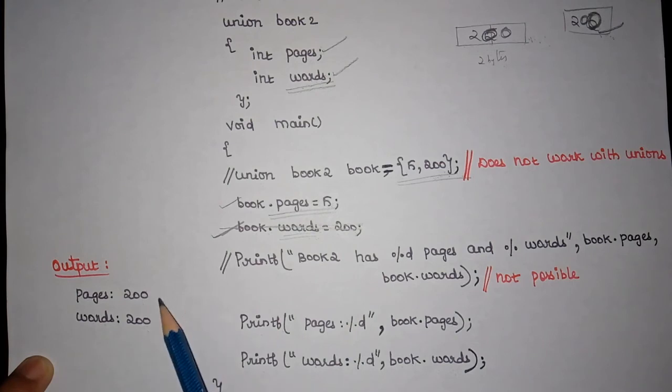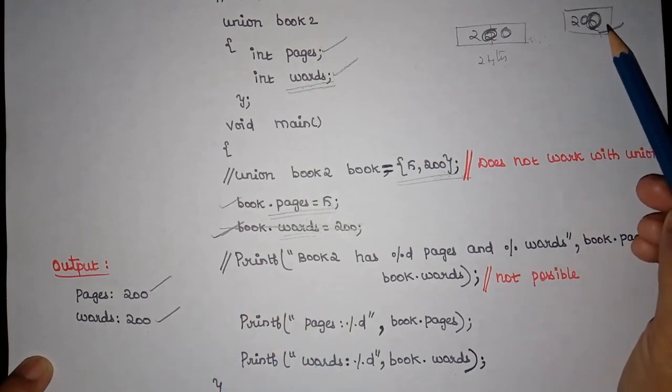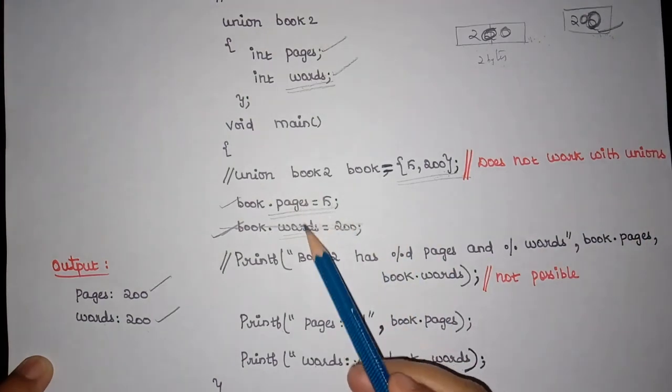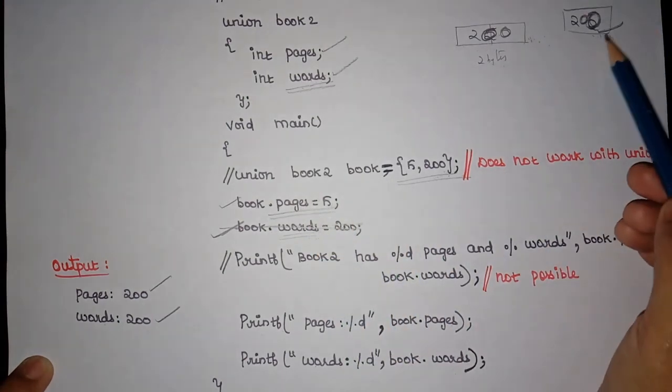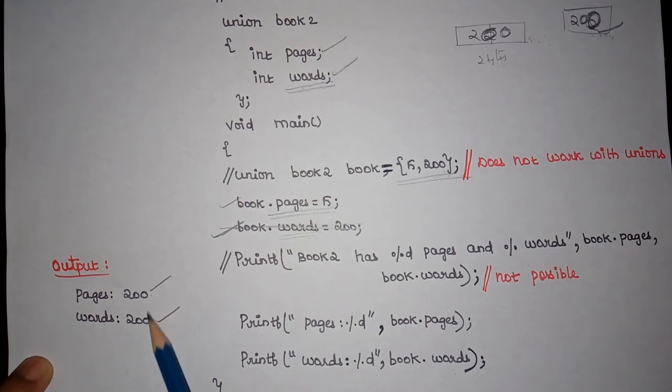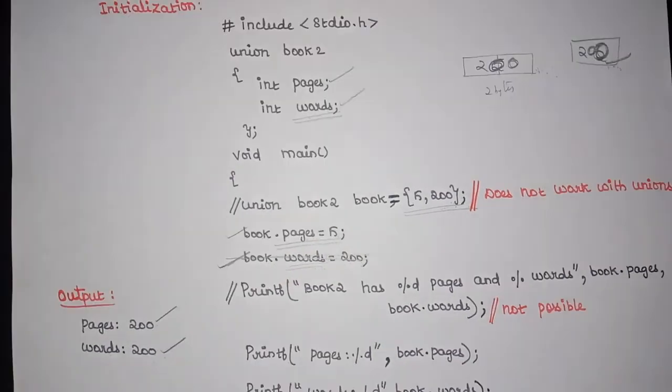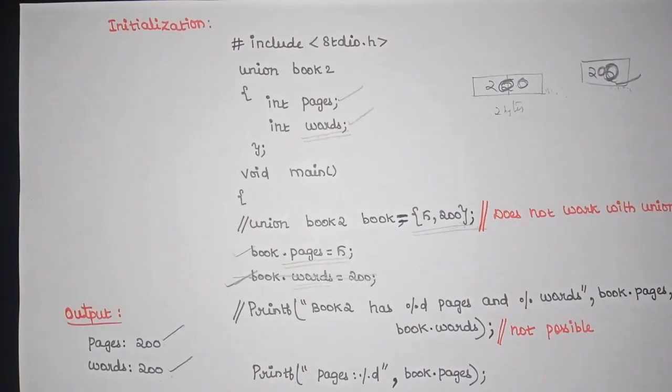For both I'll get 200, because that memory space is now updated with the value 200. Both these member variables point to the same value 200. That is why it gives the same result, 200, 200. So this is how you can initialize the union member variables.